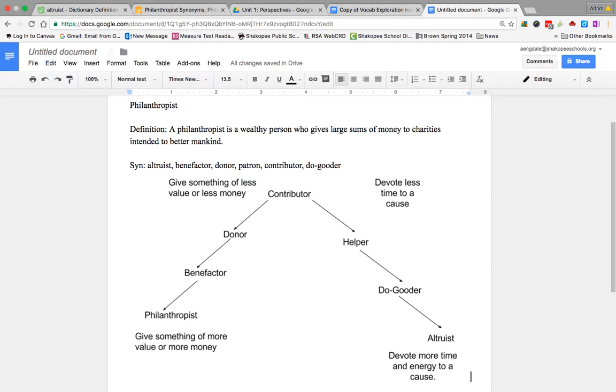But that's where this one gets tough: you really need to think about the relationship between these words. The donor has not given as much value or as much money as a benefactor has, or that helper is not devoting as much of themselves to a cause as an altruist. You need to really have a good understanding of these words to be able to do this, and that's what makes this one so hard. So good luck with it, and let me know if I can help.